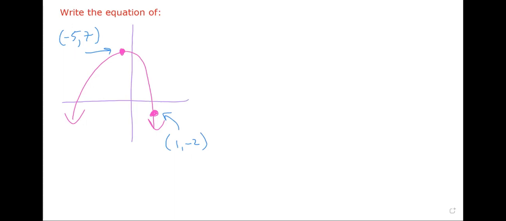So now, look, for a parabola, we know that the template is this one here. We know that it's the squared template, the parabola. And furthermore, we know that the vertex, this guy up here on the top, that's our H and K. So we know what number goes in for H and what number goes in for K. So let's make those changes. Instead of H and K, we'll fill in the numbers -5 and 7.